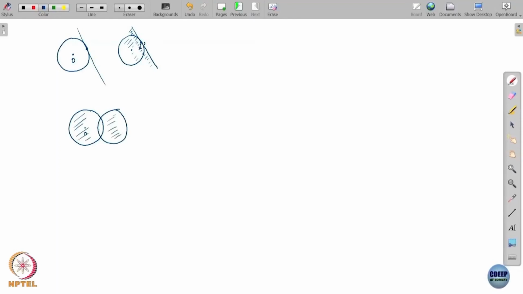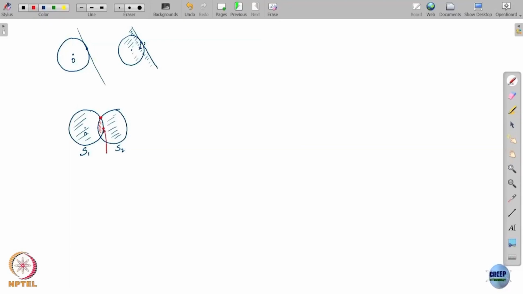All of these points that I am shading with red are now part of both circles. So let us call this set S1, and this set S2. The red region is part of both circles. If I take a point here, what's the tangent cone at this point?